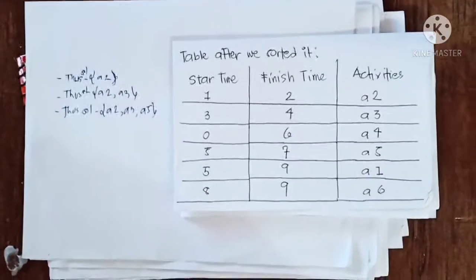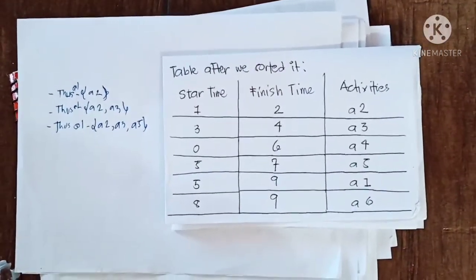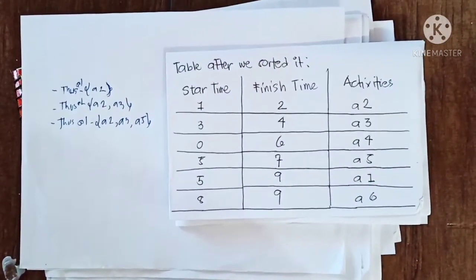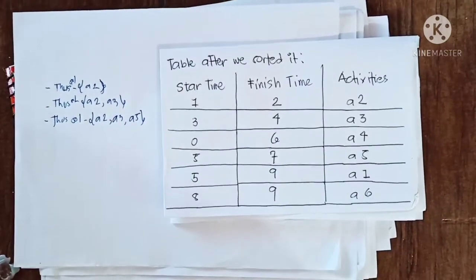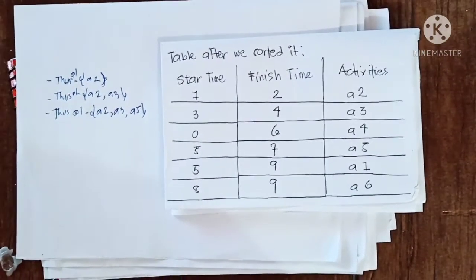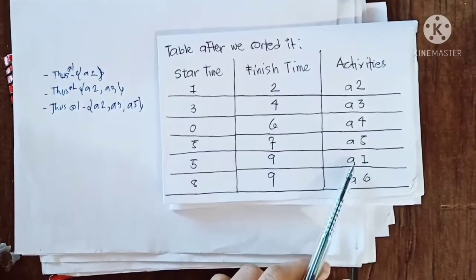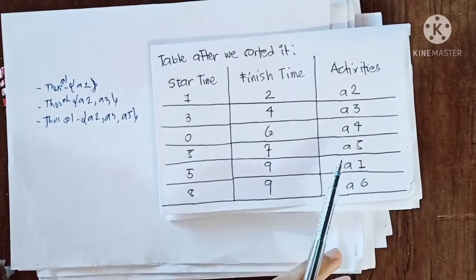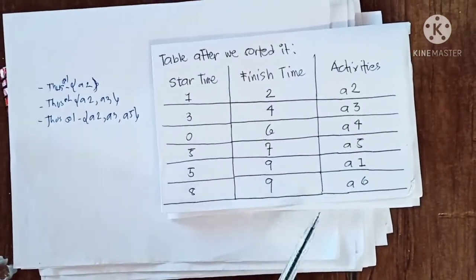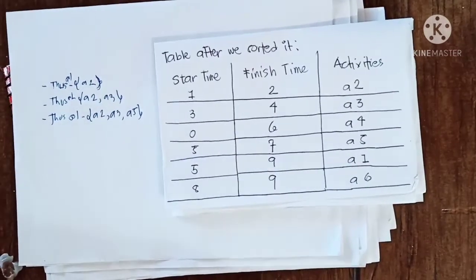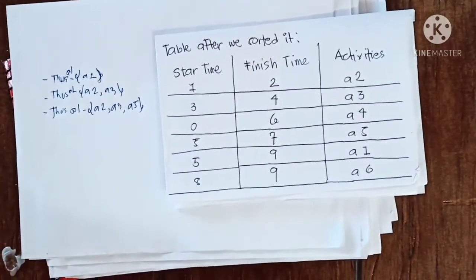The next activity, activity 1: since the start time of activity 1 is less than the finish time of activity 5, the previously selected one, we can't add it to the solution because their times will conflict.